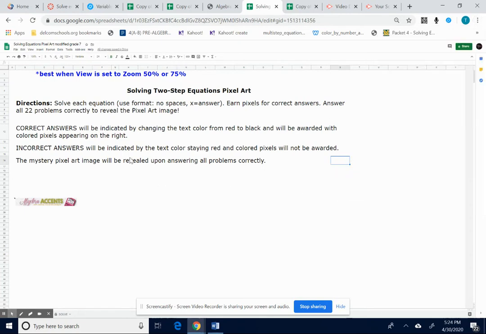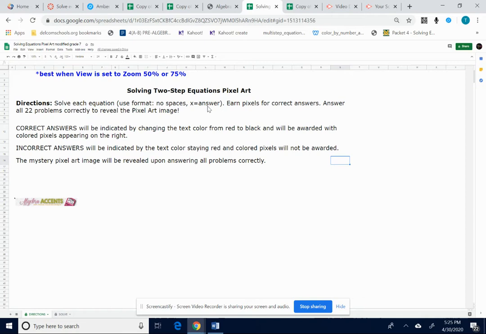What you see is the direction page. It just says solve each equation, no spaces. Just type in the answer, and that's it, no spaces anywhere. Every time you get a correct answer, the red type turns black, and you get part of the picture.